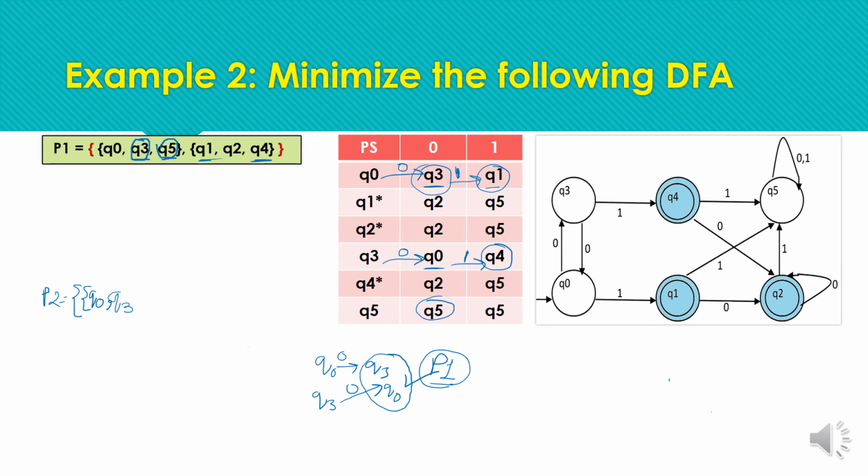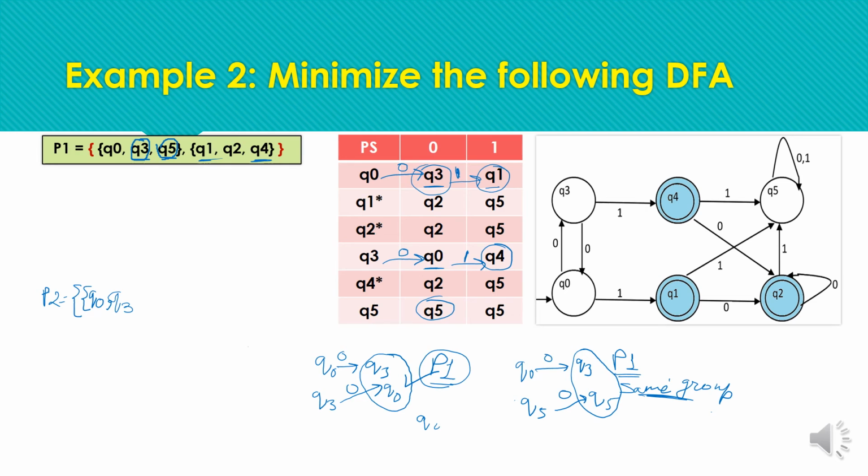We can check that Q3 and Q5 are part of the same group in partition 1. So yes, Q3 and Q5 are compatible for input symbol 0.